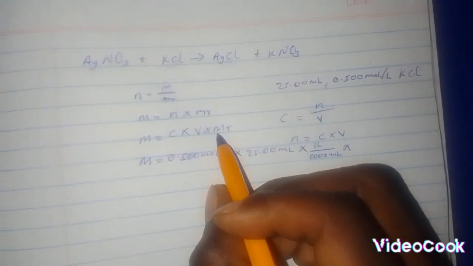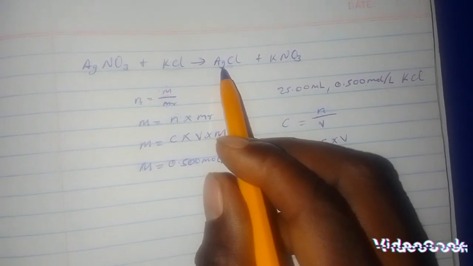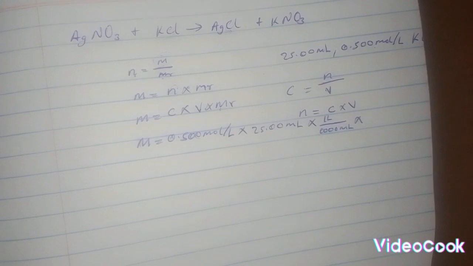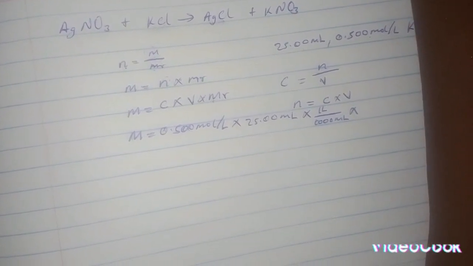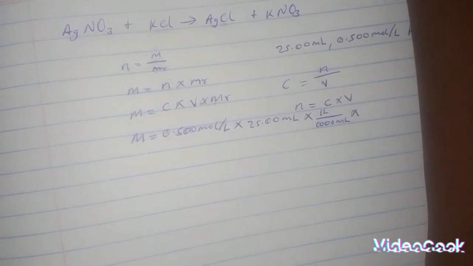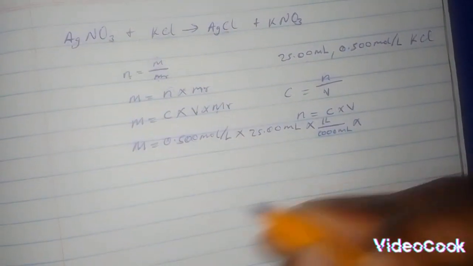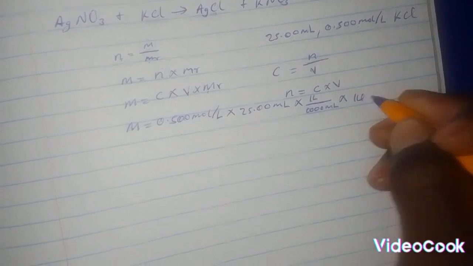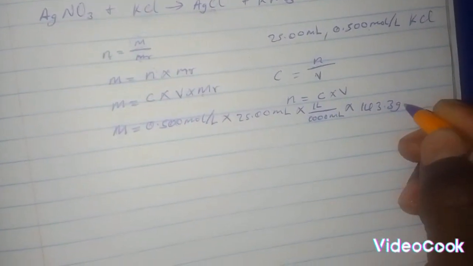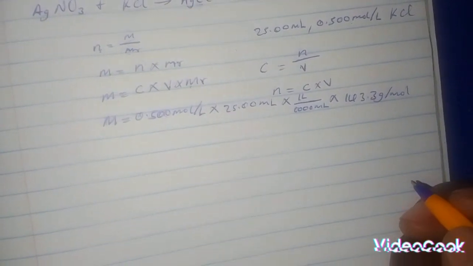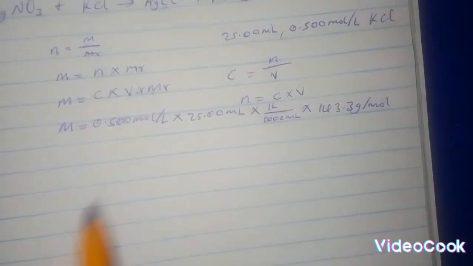So what is the molar mass of silver chloride? Okay, let's do the calculations. Silver plus chlorine gives us 143.3 grams per mole.